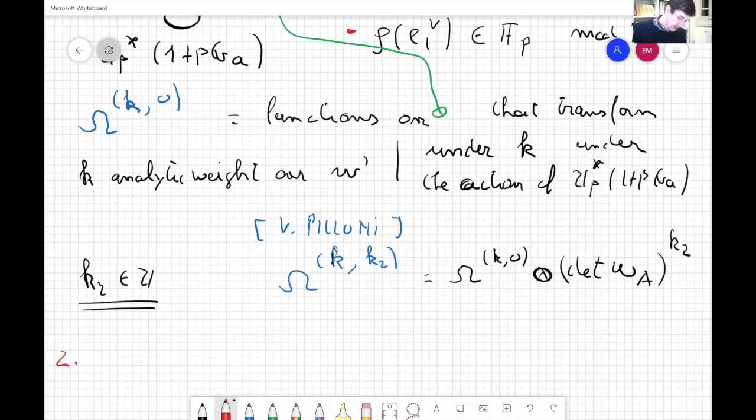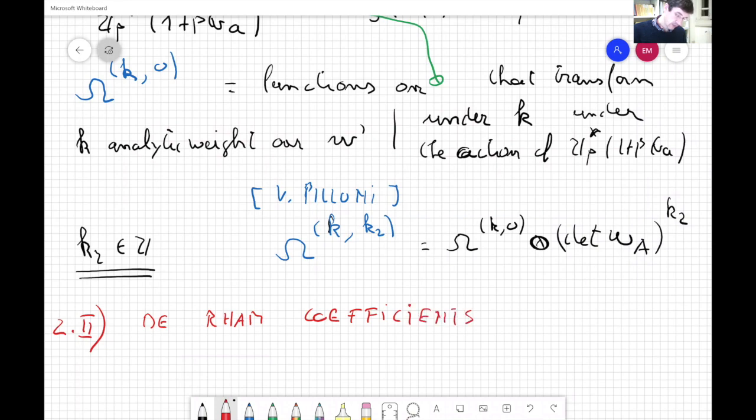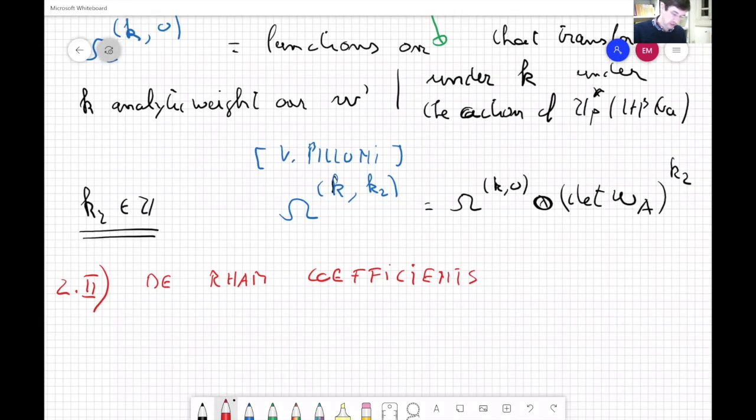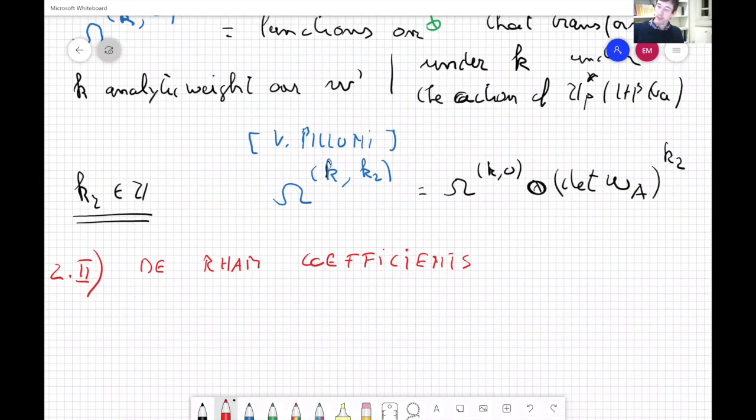And now I want to explain to you how, using the same idea, to get the de Rham coefficients. And then, except for the comparison map, we'll have the three ingredients that will actually allow us to define this Eichler-Shimura map in this context for k that varies in this one-dimensional weight space. Okay.